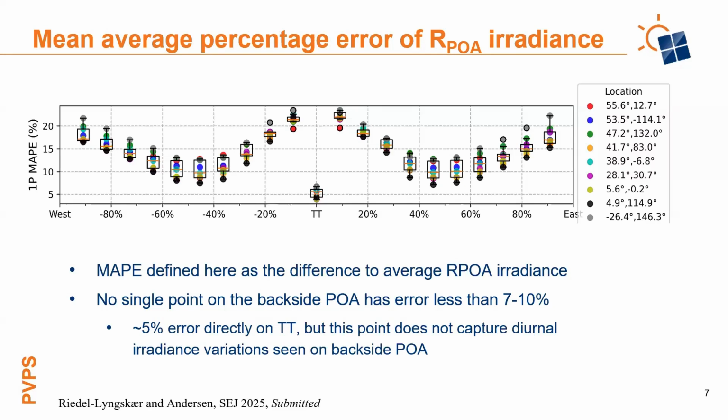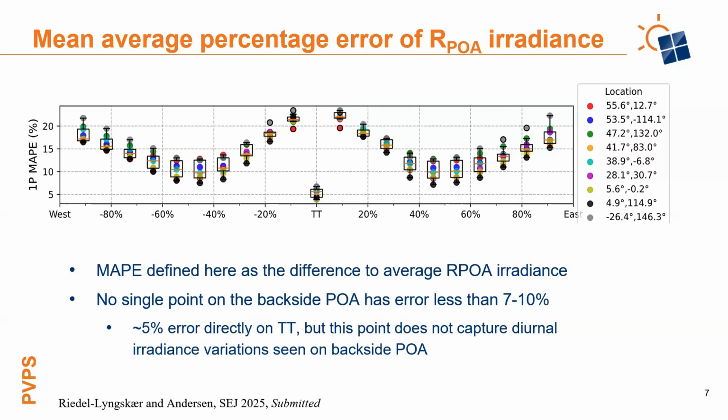Interestingly enough, the torque tube actually gives the best match to the average, but a single sensor on the torque tube really isn't able to capture diurnal variations in back of plane of array irradiance that the array does see.